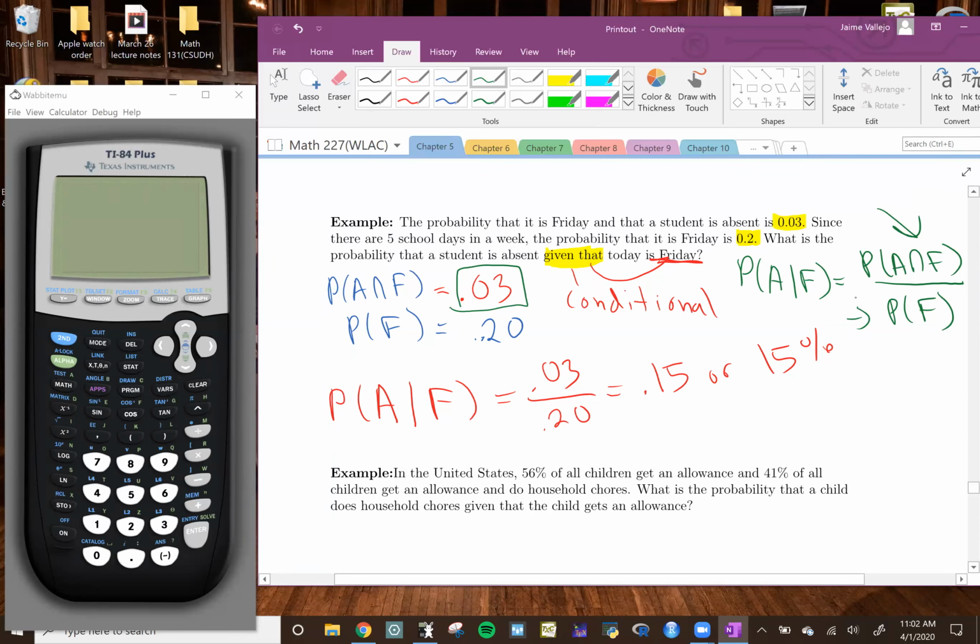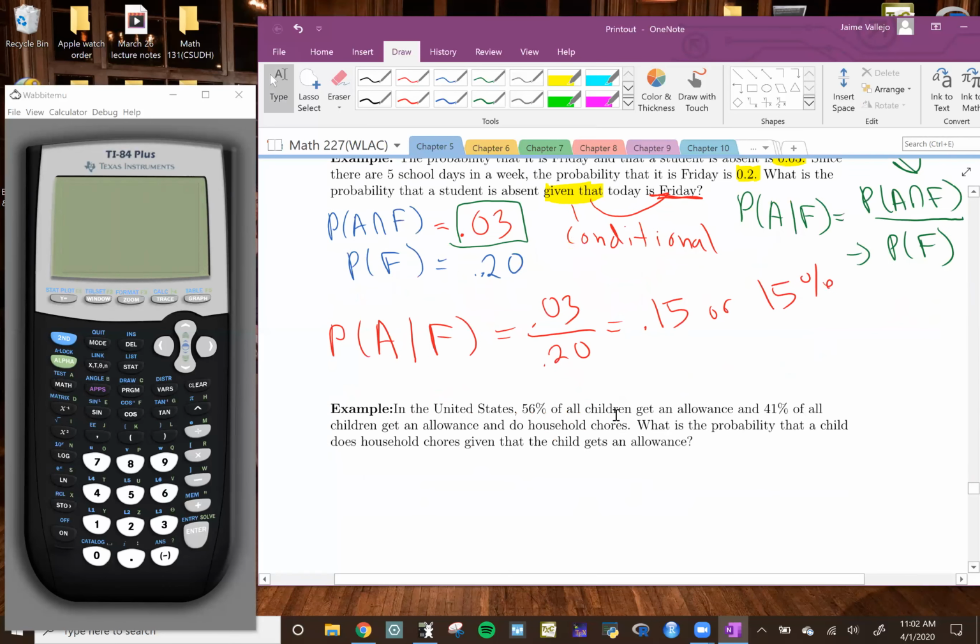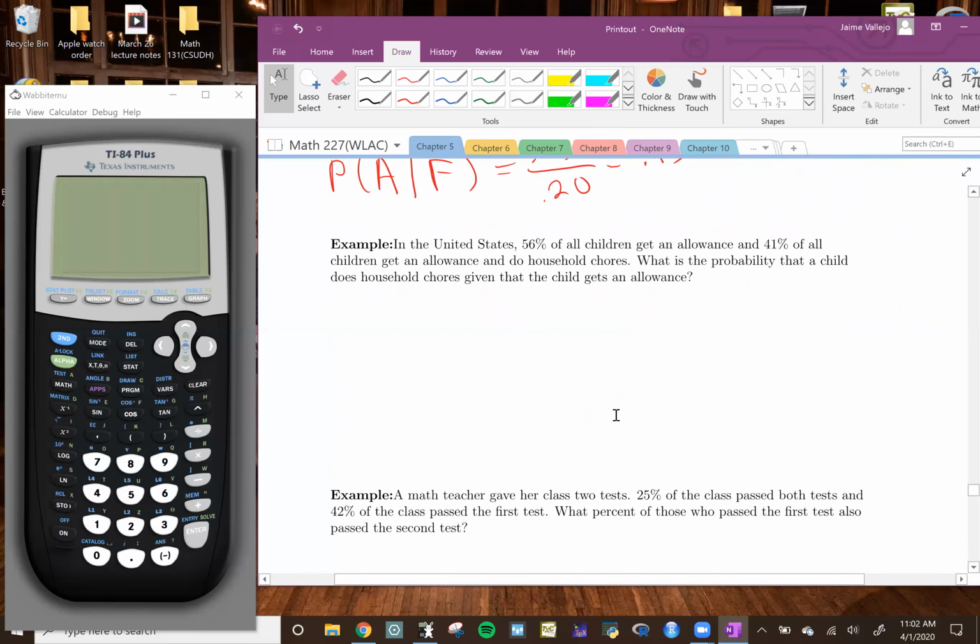Okay. Cool. All right. So that's the first one. So let's go ahead and do the second one. It says in the United States, 56% of all children get an allowance. 41% of all children get an allowance and do household chores.